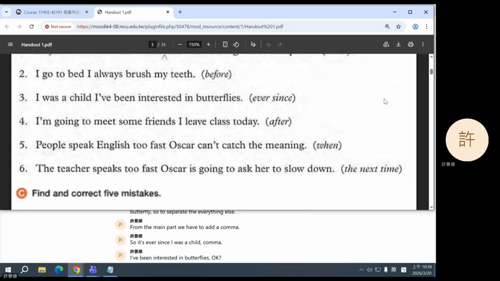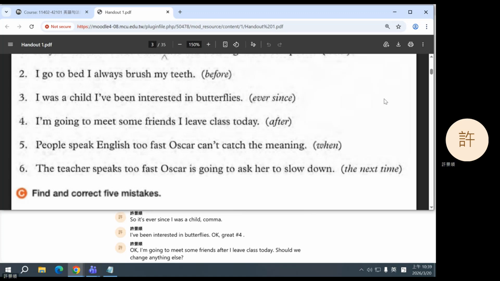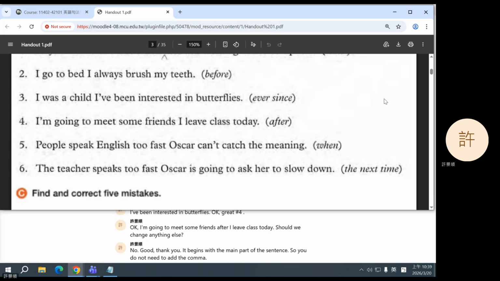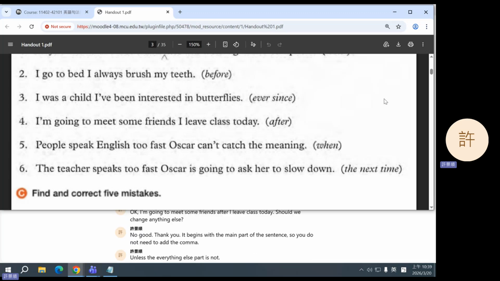Okay? Great. Number 4. Okay, I'm going to meet some friends after I leave class today. Should we change anything else? No, good. Thank you. It begins with the main part of the sentence, so you do not need to add the comma unless the everything else part is not important, right?